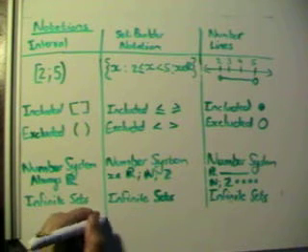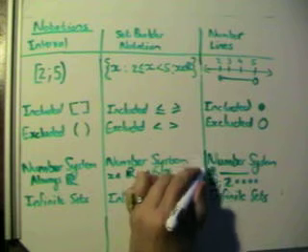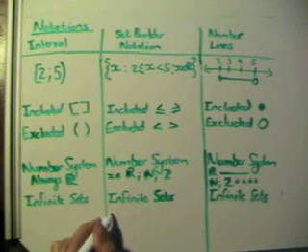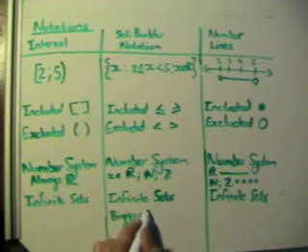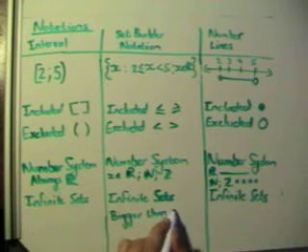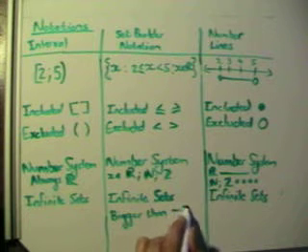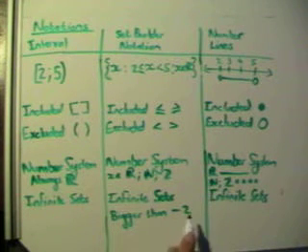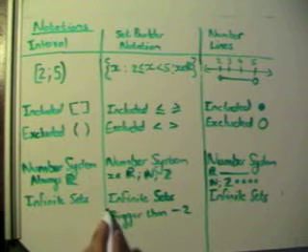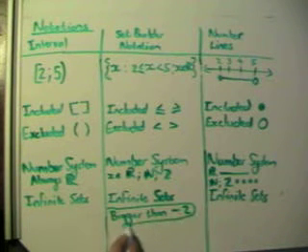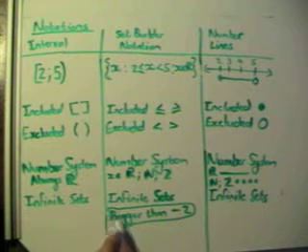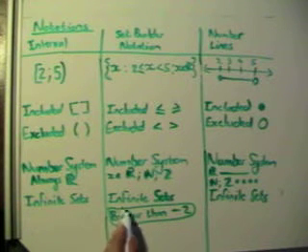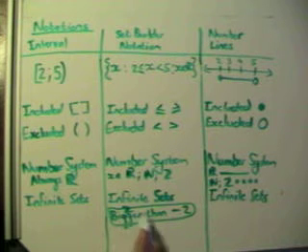Alright, so say for instance I have all the numbers bigger than -2, all the numbers bigger than -2 that I have to write as a set. For Set-builder notation, I must just specify all the integers bigger than -2.